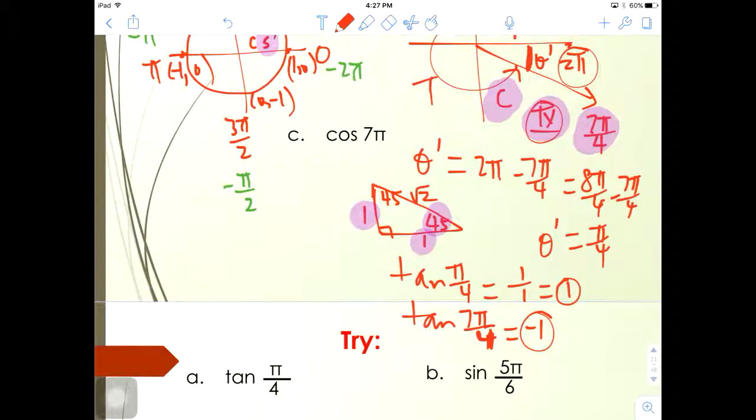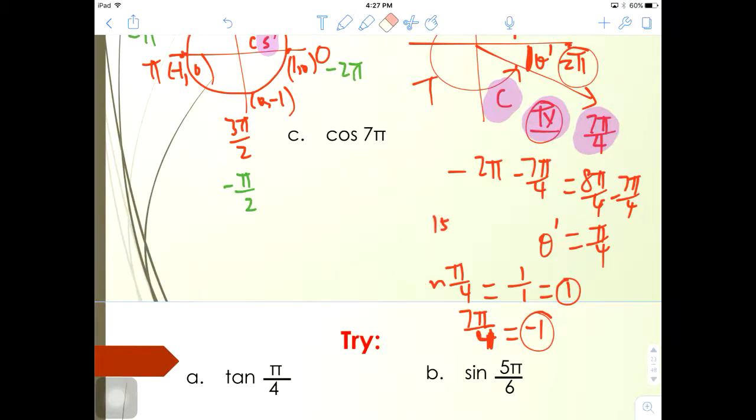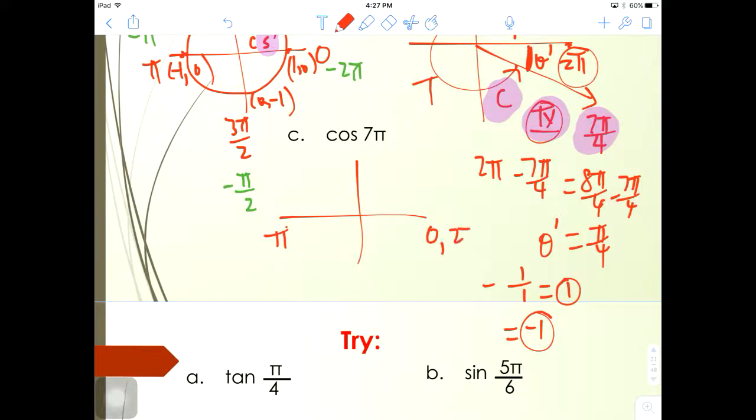All right. Last problem here is cosine of 7 pi. I'm going to clean up a little bit right here, so make some space. So let's draw the angle. We got 0, pi, 2 pi, 3 pi, 4 pi, 5 pi, 6 pi, and finally 7 pi is back over here.